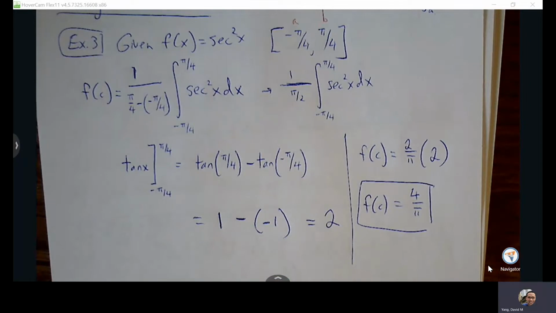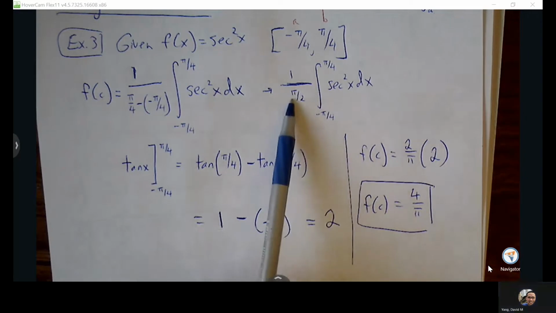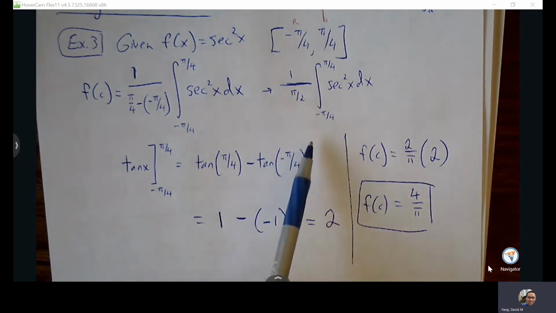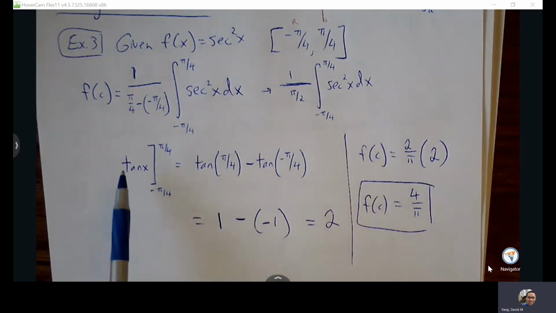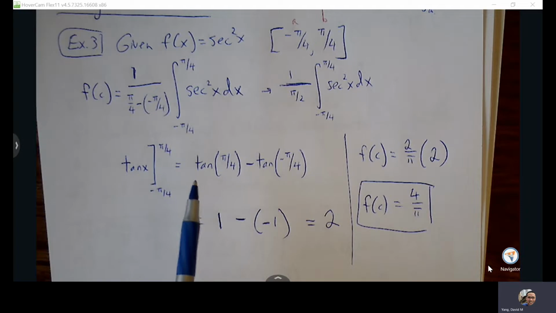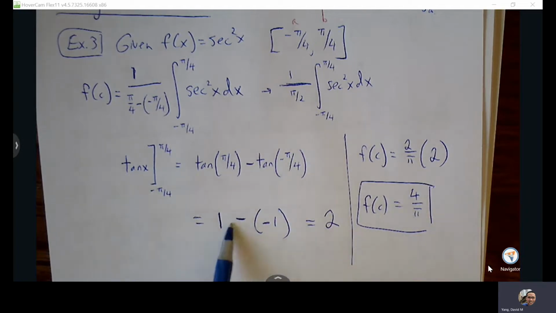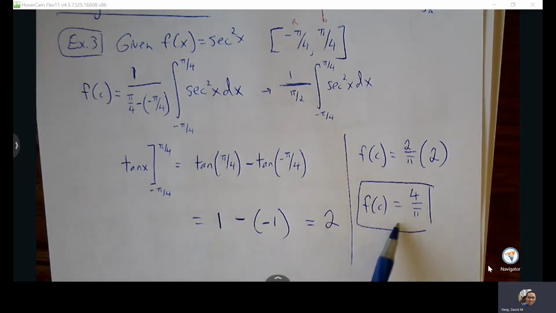If we choose to involve the width at the end, but if we do tangent with the upper bound and then multiply by width, tangent with the lower bound with the width, and then subtract those, would it still be right? It would still be the same. You would be left with 2 over pi minus a negative 2 over pi, and 2 over pi plus 2 over pi will still give you 4 over pi.